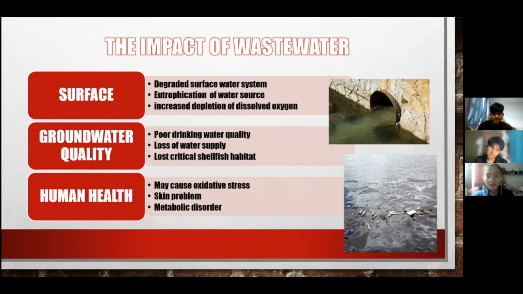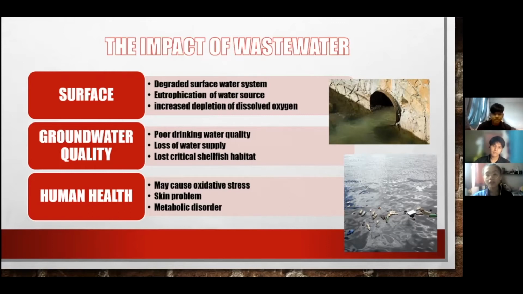This DO depletion results from excessive algae growth caused by phosphorus, and nitrogen is another nutrient that can contribute to algae growth. As the algae die and decompose, the process consumes dissolved oxygen, and this can result in insufficient dissolved oxygen available for fish and other aquatic life.